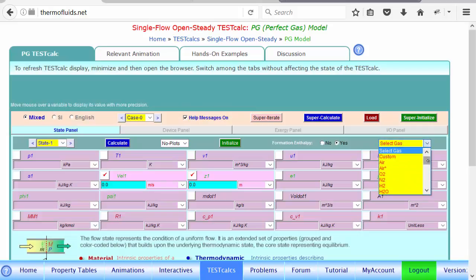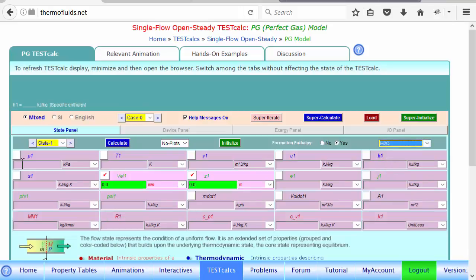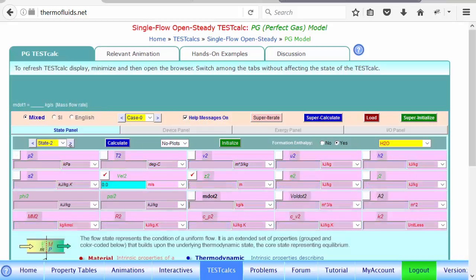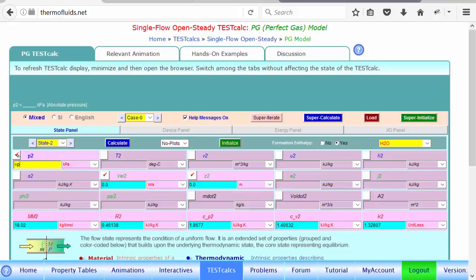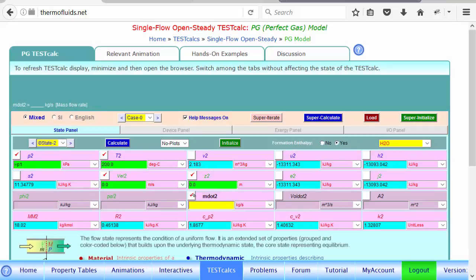And we'll select H2O as our gas. Okay, 100 kPa, and it was 100 degrees Celsius, if you remember. Mass flow rate is 1. Pressure doesn't change and temperature became 200 degrees Celsius. Mass flow rate is still the same.